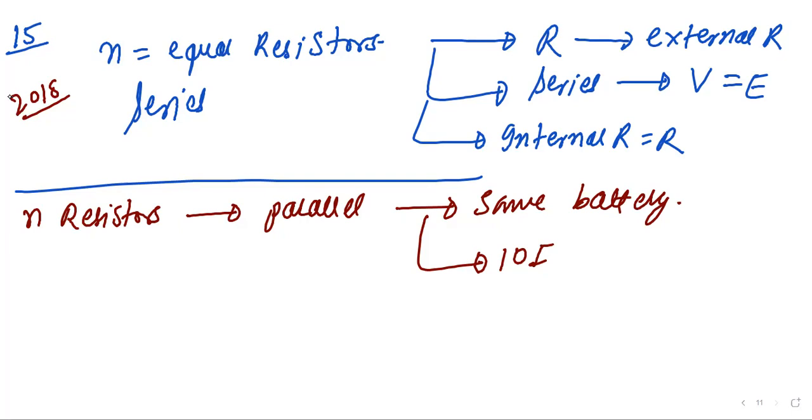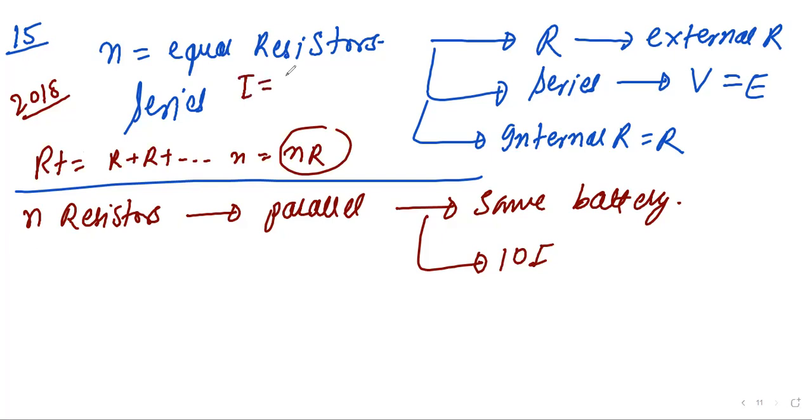When they are connected in series, the first condition, R total will be R plus R plus R, n times, so it becomes NR. This is the total resistance. The current will be I equal to V upon R, so it will be E upon R plus NR. Why is there a small r? Due to the internal resistance of the battery.